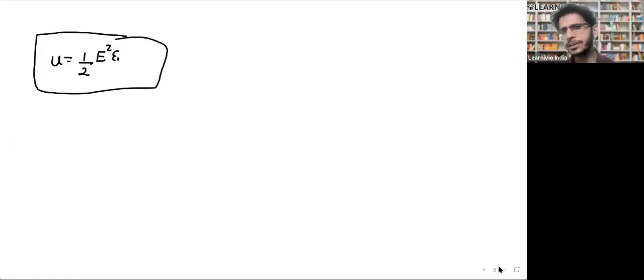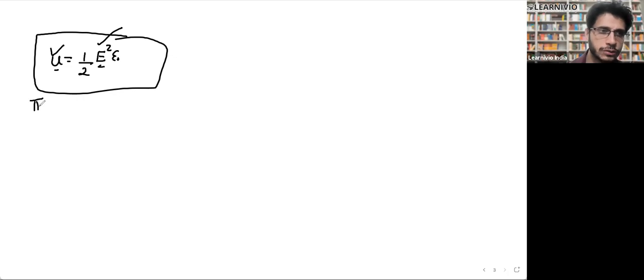This is the energy density for a capacitor. See, the energy density depends upon the electric field only. Half is a constant, epsilon naught is a constant. This shows that the energy between the plates of a capacitor depends upon the electric field. If you change the electric field, then the expression of energy will change.